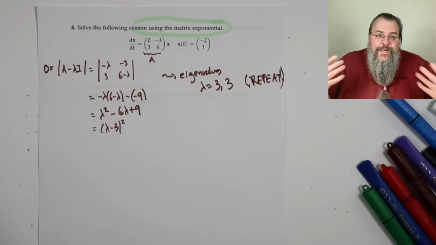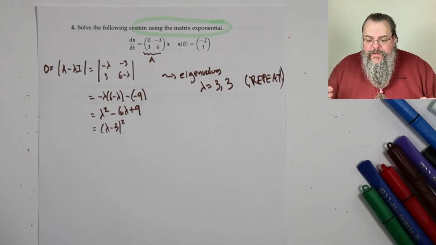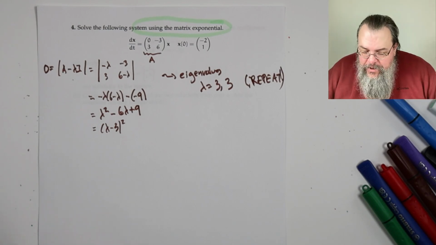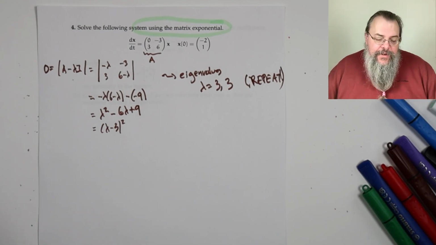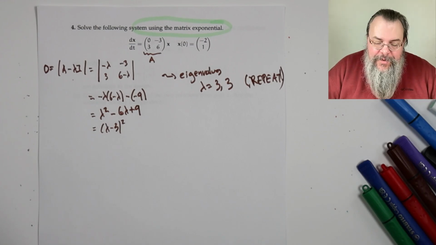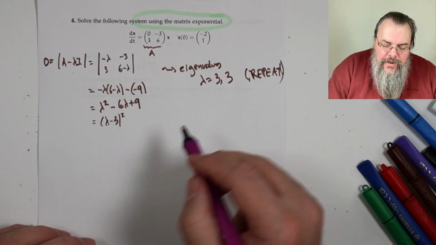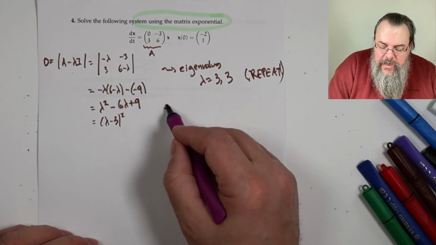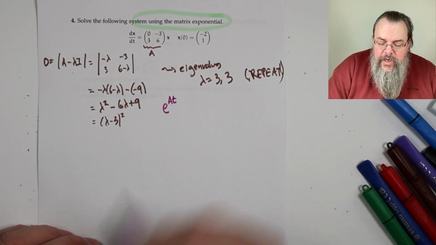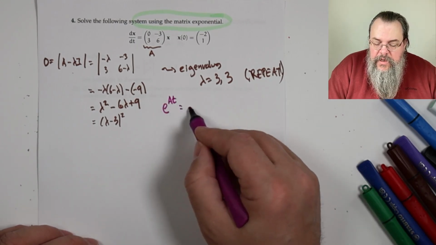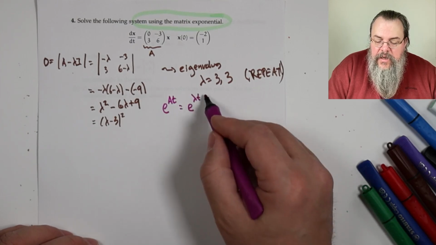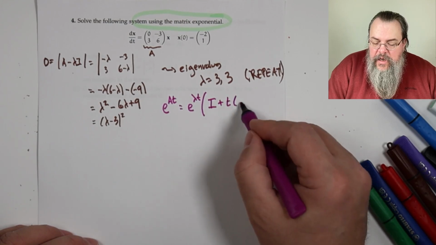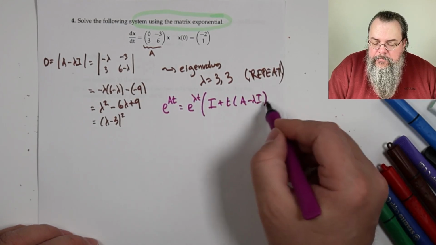Now, there's a couple ways to solve this using the matrix exponential, but we want to be efficient. And we know that when we have repeated eigenvalues, there's a very nice formula. So here, let's write down our formula. e to the At is equal to e to the lambda t times the identity matrix plus t times (A minus lambda I).